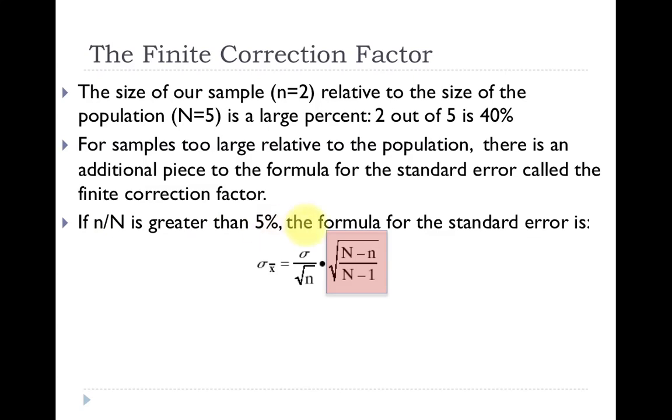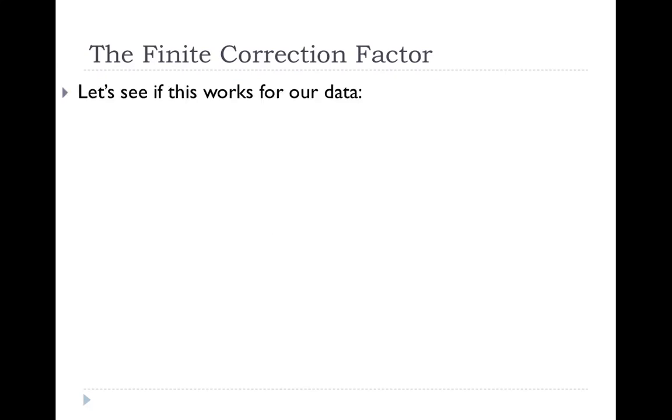We have the same formula as before, sigma divided by the square root of n, and then we multiply by this piece called the finite correction factor: the square root of capital N minus n over capital N minus 1. In our case, 2 divided by 5 is 40%, which is greater than 5%, so we have to apply the finite correction factor. Let's see if that works.